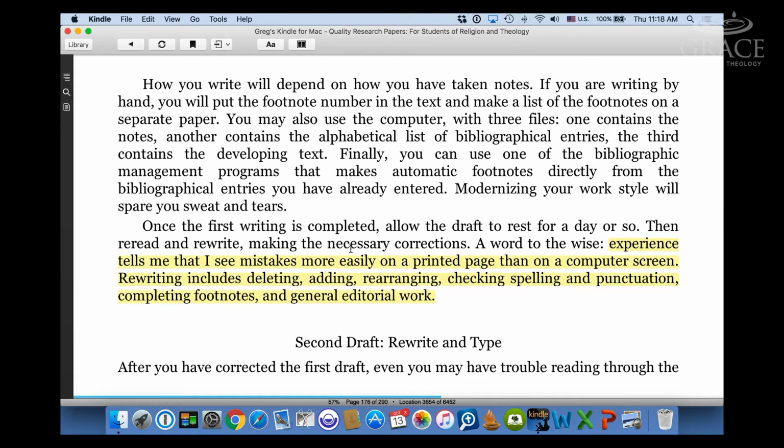Rewriting includes deleting, adding, rearranging, checking spelling and punctuation, completing footnotes, and general editorial work. Now, since a large part of this course is footnoting and bibliography, you really need to look close at your footnotes and look close at your bibliography and make sure you have those correct.